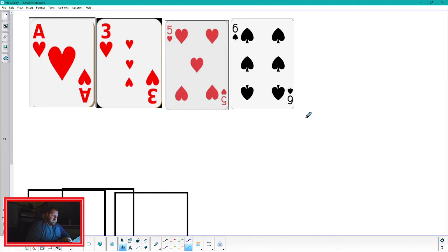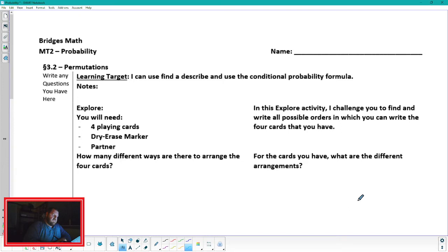Okay, if you're back, I hope you actually worked through that. I'm just going to write down, at least for the cards that I have, and you can do the same. So I had ace, 3, 6, 5.